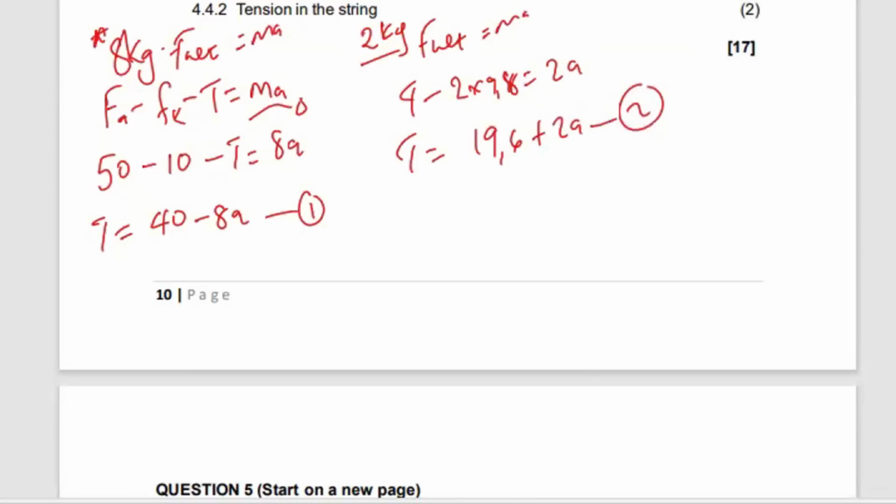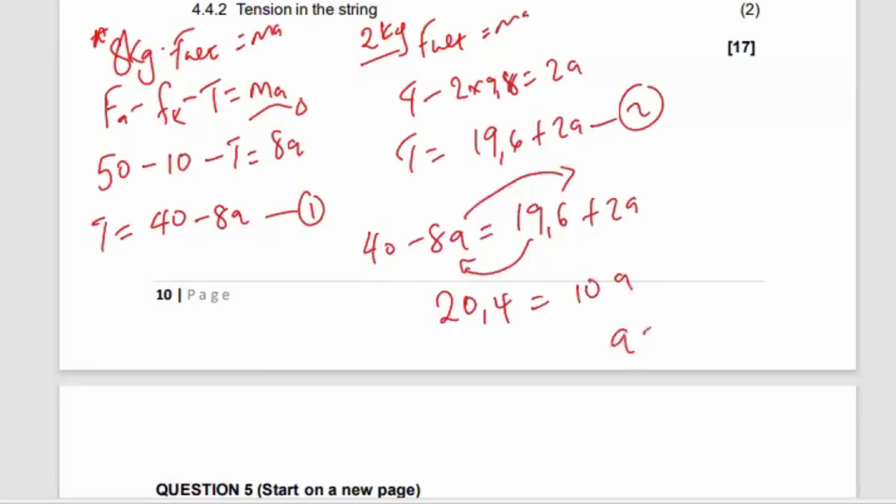Then I'll equate the 2 equations: 40 minus 8a is equal to 19.6 plus 2a. Let's transpose that. 40 minus 19.6 gives 20.4, which is equal to 10a. Divide both sides by 10, which means a is 2.04 meters per second squared. Okay, so that is our acceleration.